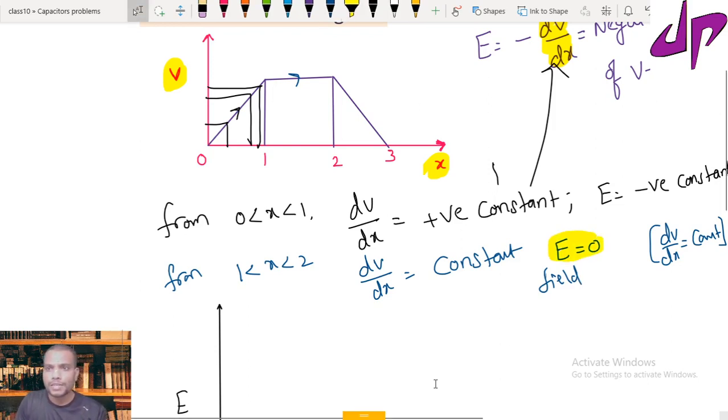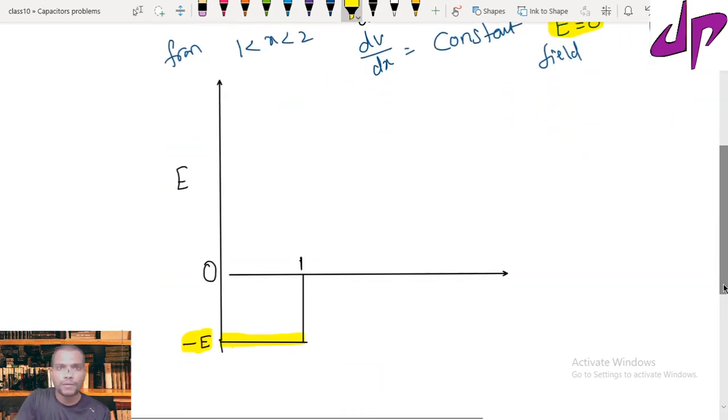So how can I represent that on the graph? If it's 0, I will take another color to highlight that line on the x-axis. So this is the 0 line.